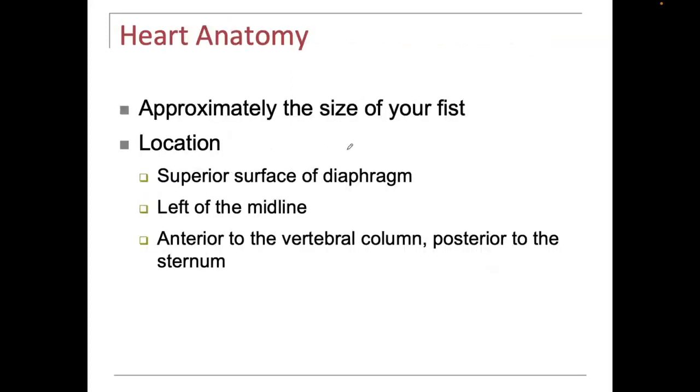Now, where is the heart located, and what is the size? It is about the size of your fist. The location of it is above the diaphragm, slightly to the left of midline. It's in front of the vertebral column, but it's behind the sternum.